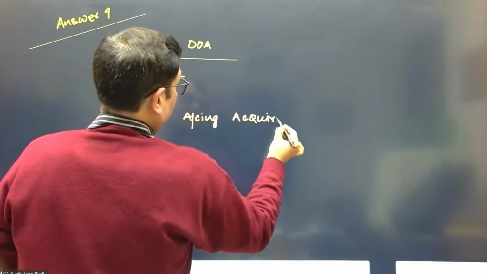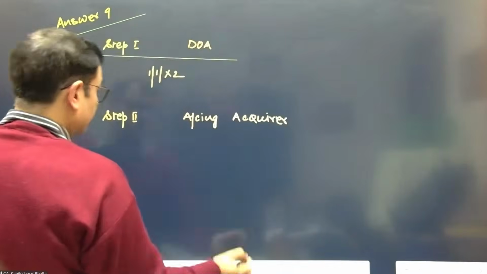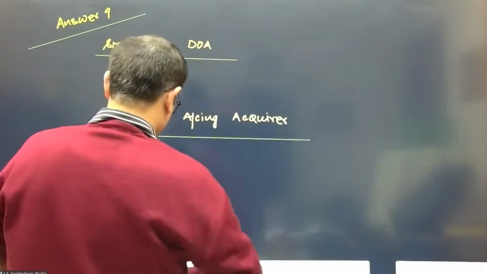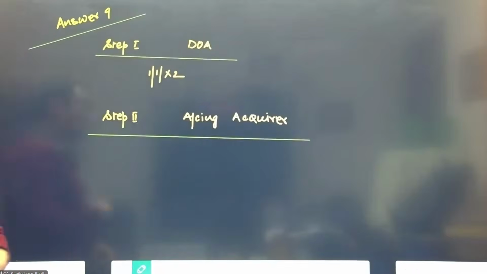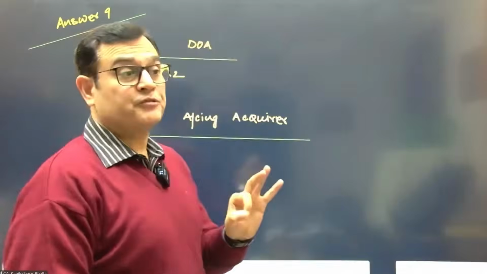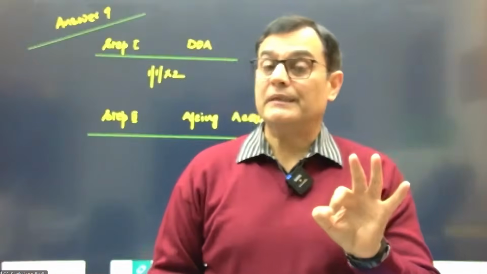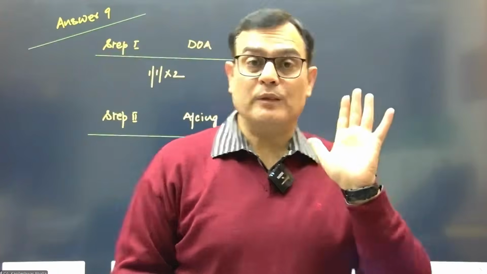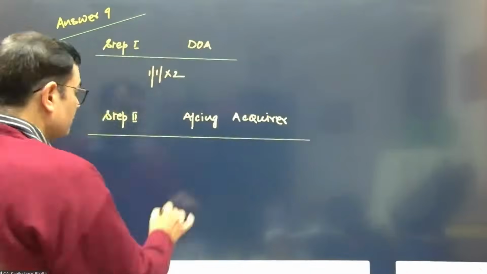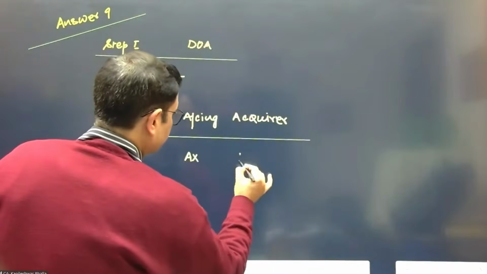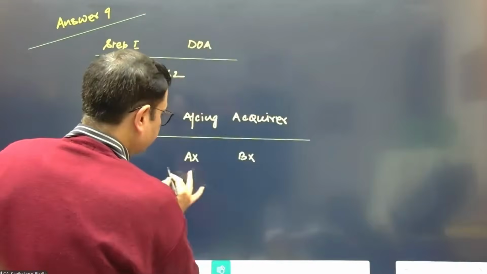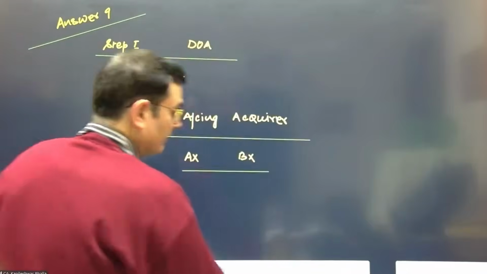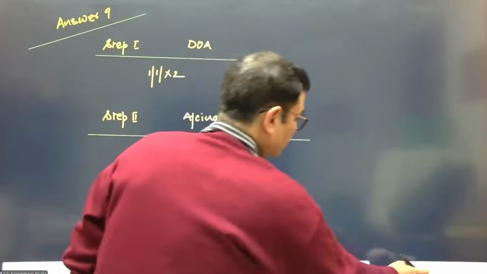For this purpose, we need to organize the percentages. First, we'll see the total number of shares given to the two existing companies, AX and BX, and then we'll proceed further. Let's consider the company AX as well as BX and see the status of the number of shares.